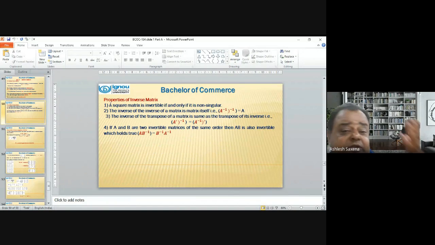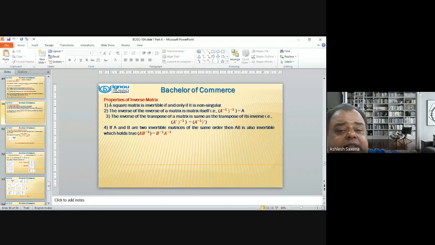What are the properties of an inverse matrix? A square matrix is invertible if and only if it is non-singular. The inverse of the inverse of a matrix is the matrix itself: A inverse has been calculated, and again we calculate the inverse of it, so we get the same matrix.